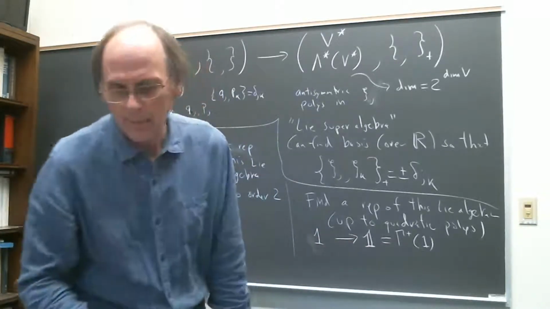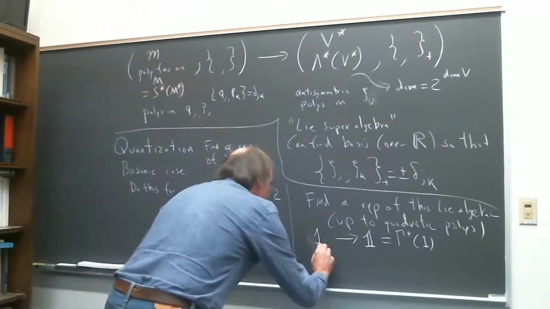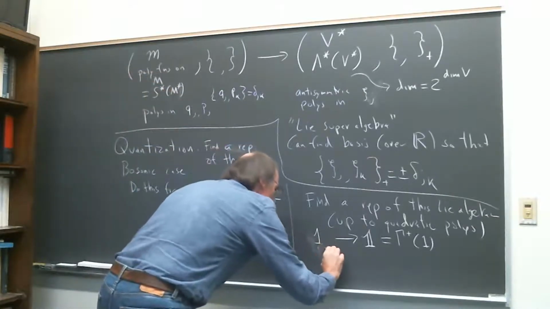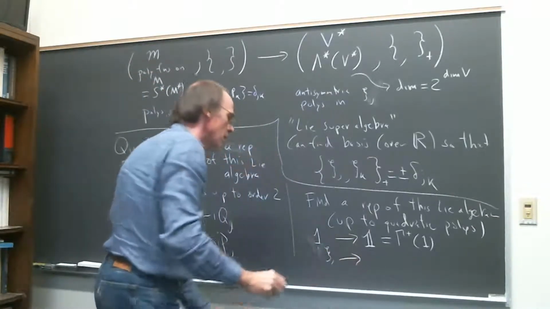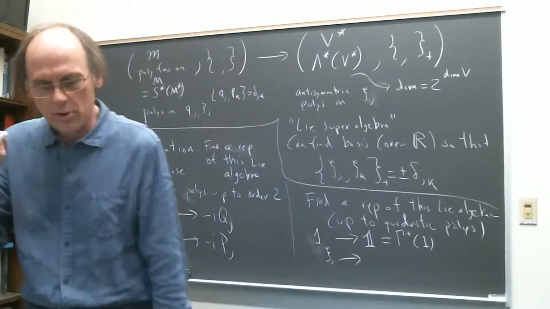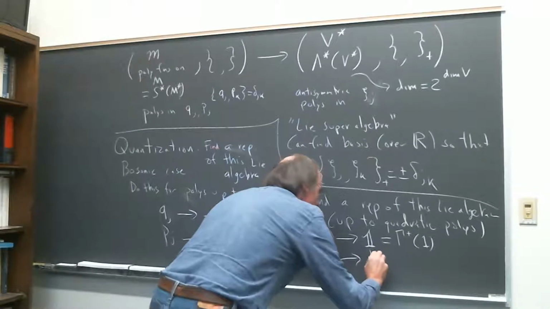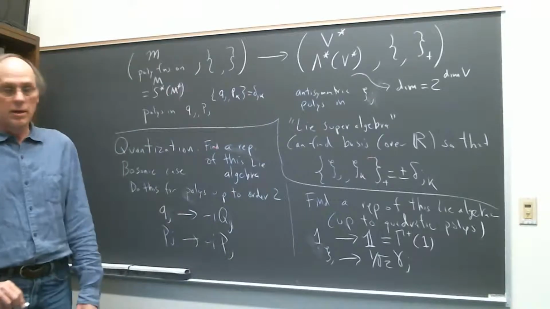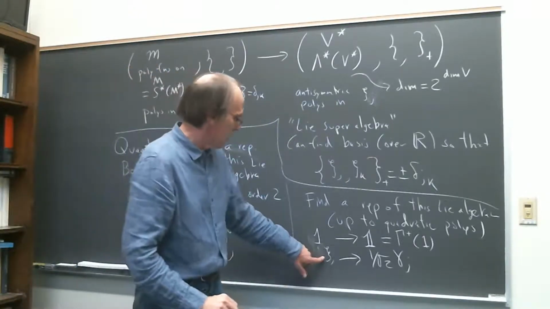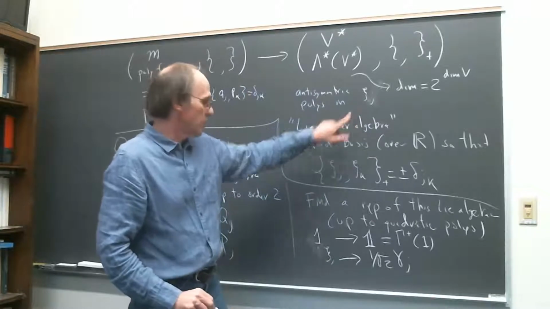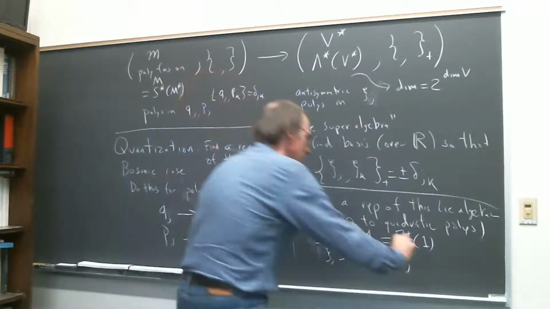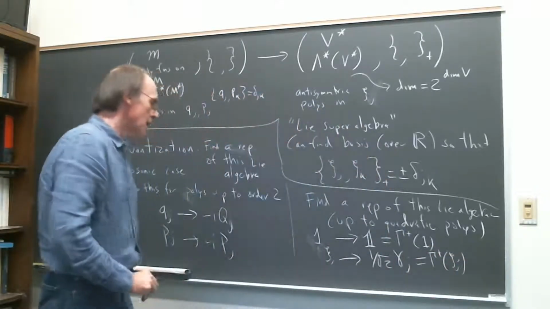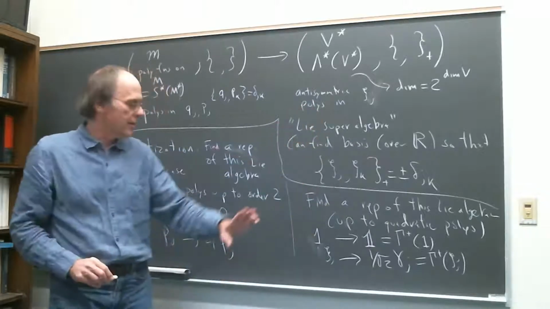And then J goes to gamma J. Again there's a choice of normalization, but one thing that works out well is this. So you take these generators of these super polynomials to these guys, and sometimes I'll also call that gamma plus of psi J.